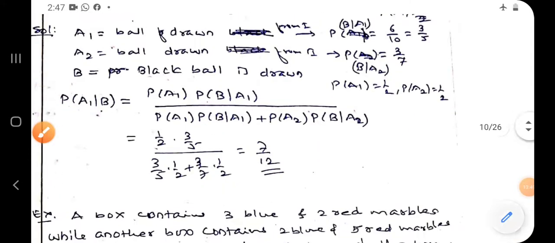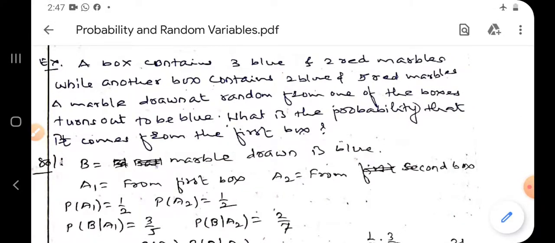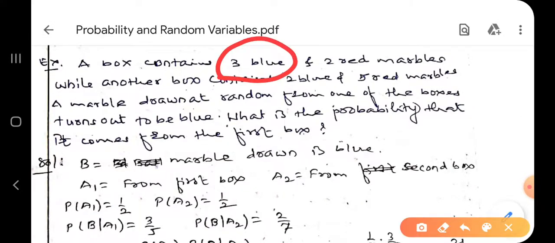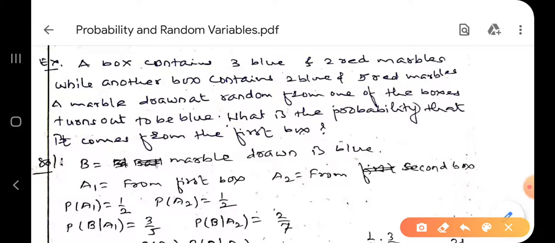Right? We will take one more example for your understanding. A box containing 3 blue and 2 red marbles. Now here, instead of balls, marbles are there. While another box contains 2 blue and 5 red marbles.